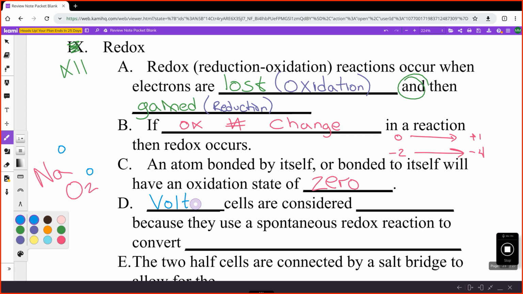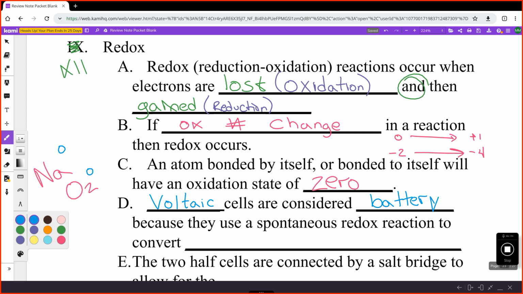Basic overview: a voltaic cell is considered to be a battery. And this is because we get a spontaneous reaction, something that's happening completely on its own.